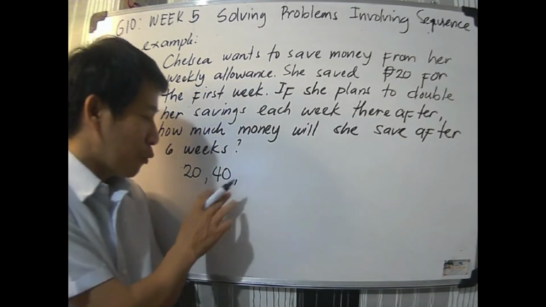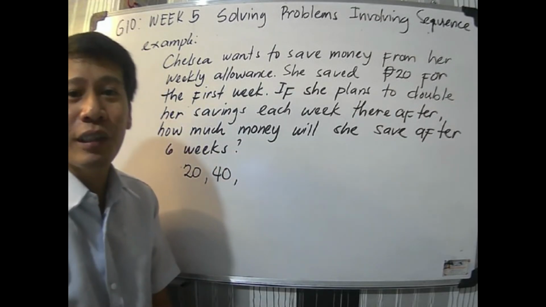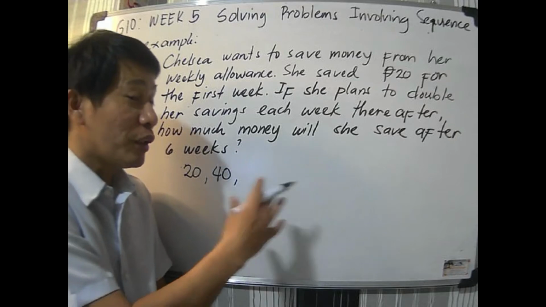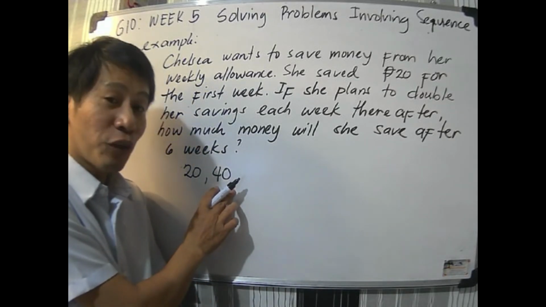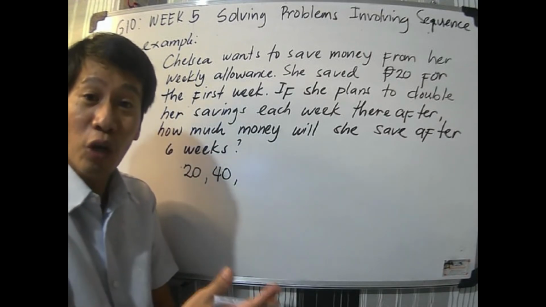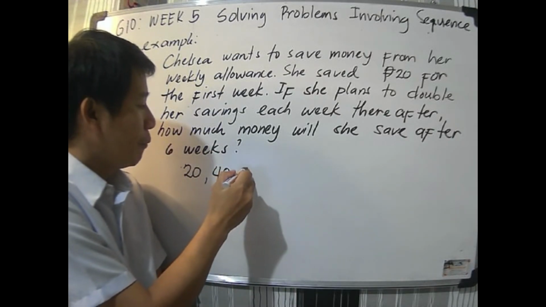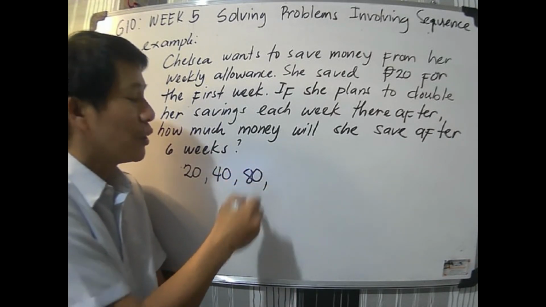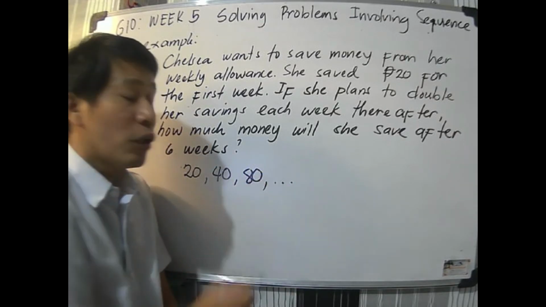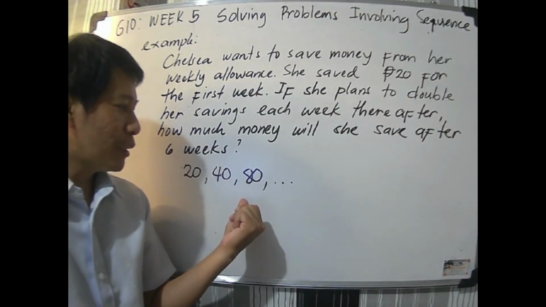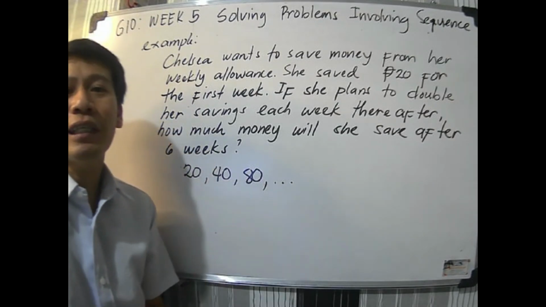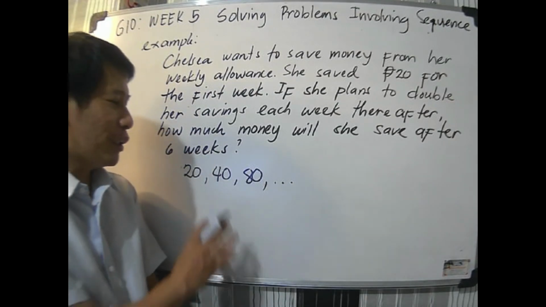Okay? And that will be our second term of the sequence. So, yung susunod na week, do-double niya uli yung previous, so 40 times 2, double, it will become 80 pesos, and so on and so forth. Ngayon, let us analyze. Based on this sequence here, anong uri ng sequence ito?